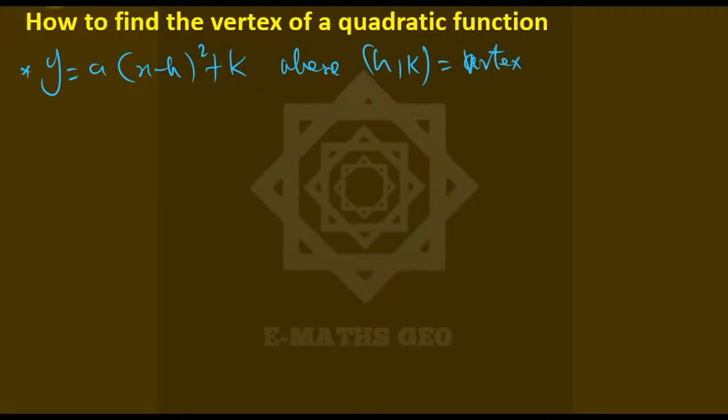Now, again, I've told you that the general equation of a quadratic function is always ax squared plus bx plus c. So why do we have to learn this? Because it's possible they will give you this.